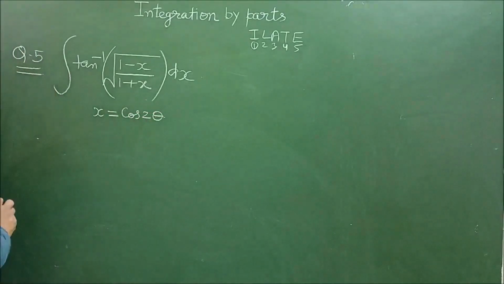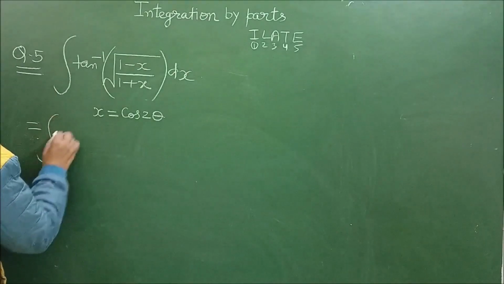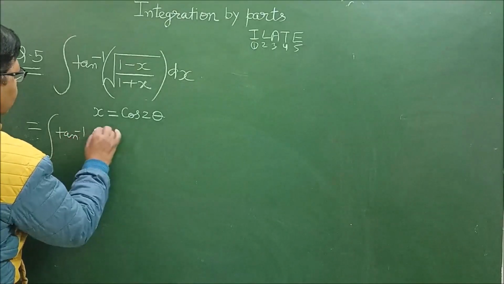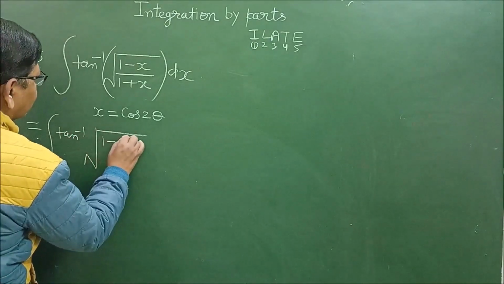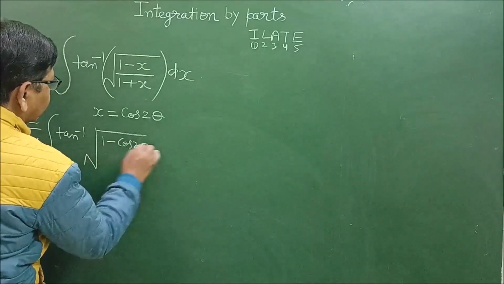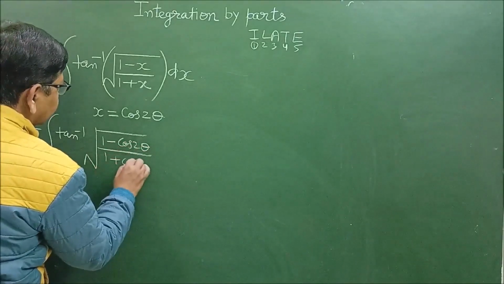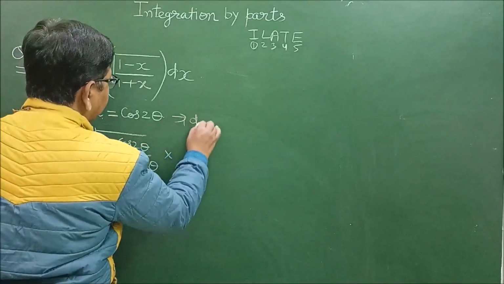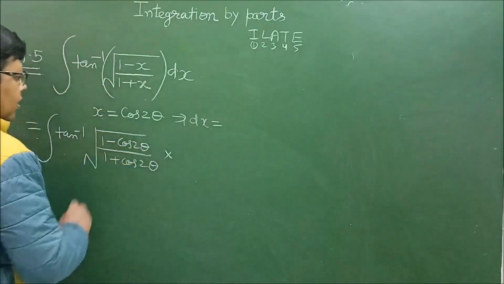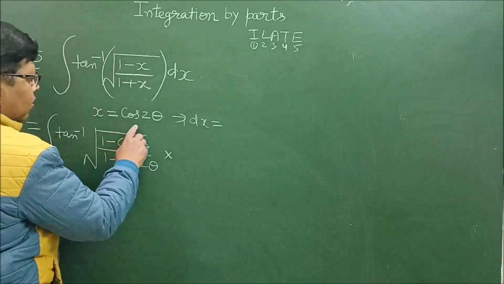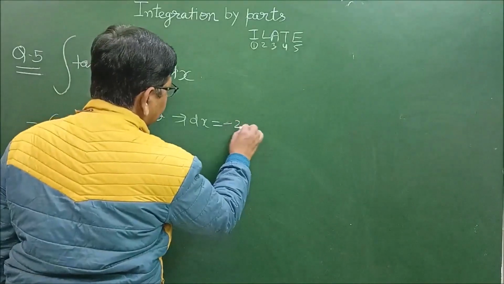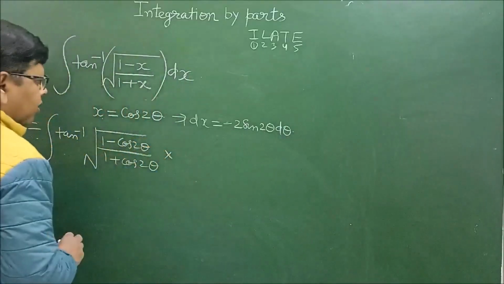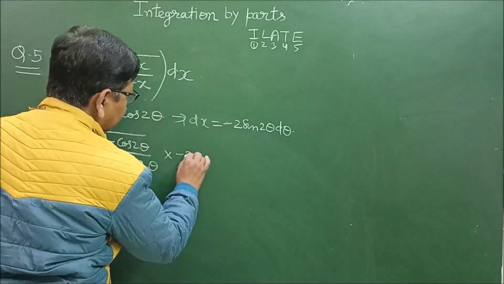So putting x equal to cos 2 theta here, we get tan inverse root of 1 minus cos 2 theta upon 1 plus cos 2 theta into dx. On differentiating, dx is equal to minus 2 sin 2 theta d theta. So replacing dx by minus 2 sin 2 theta d theta.